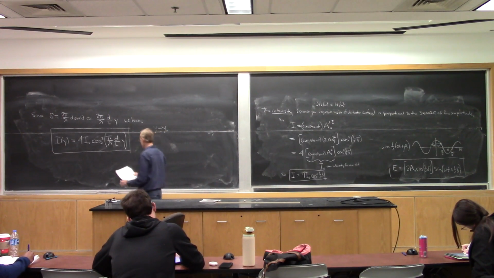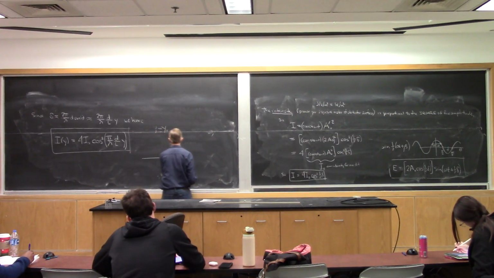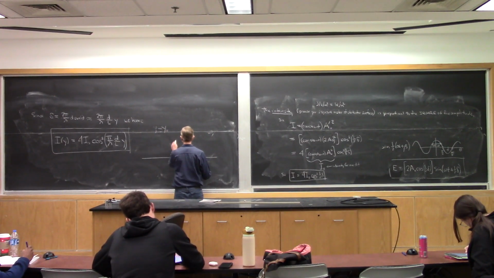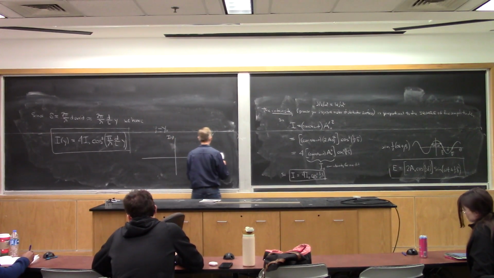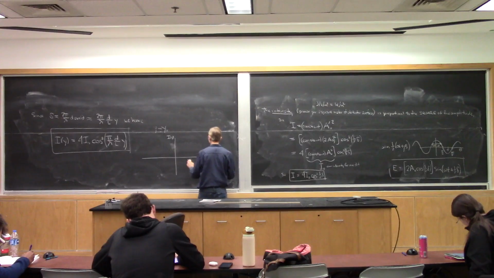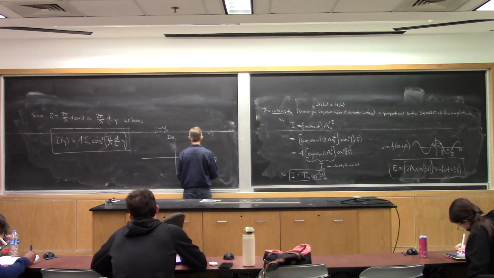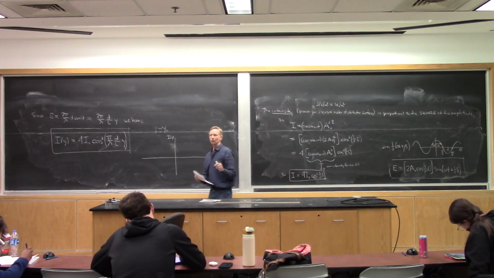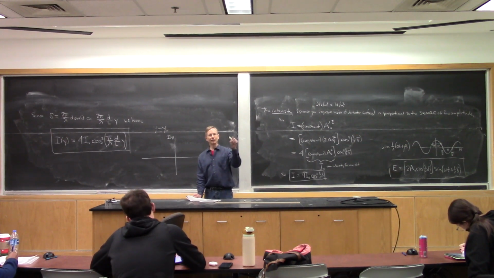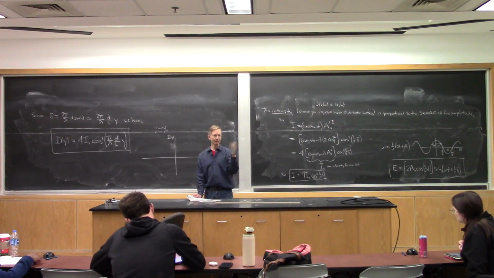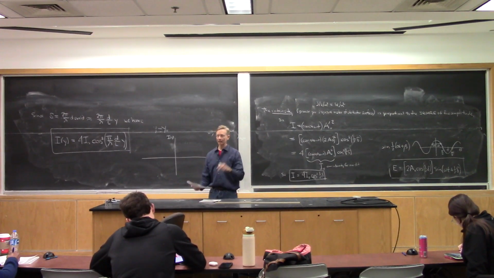To figure out what the wavelength is. And if we imagine plotting this, then here's I as a function of y, the y-axis. It's cosine squared, right? So cosine squared is kind of a distorted cosine that doesn't go negative and has two maxima for every period of the cosine instead of just one.